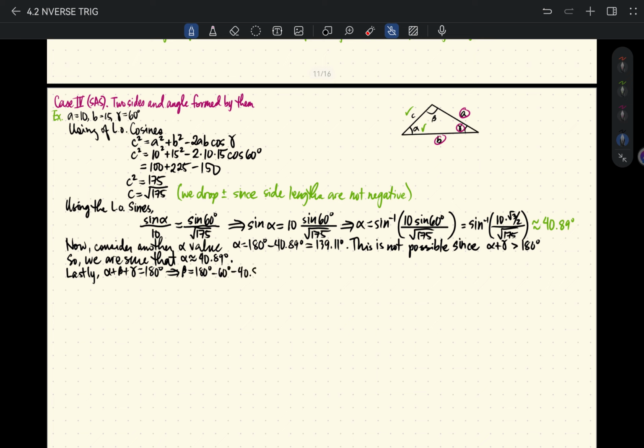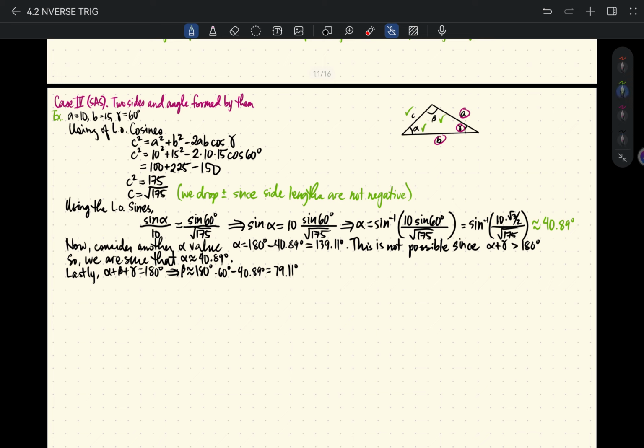We get here approximately, oops, it should be here where I use approximately since we use the approximate value here. So beta is approximately 180 degrees minus 60 degrees minus 40.89 degrees, which will give you 79.11 degrees. Okay?